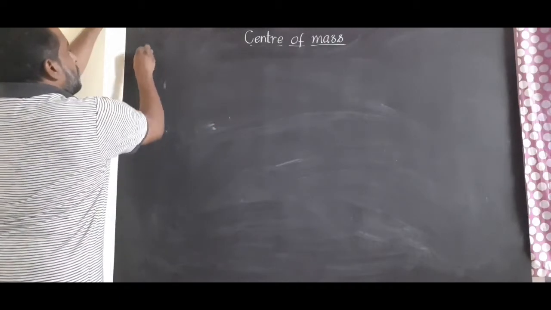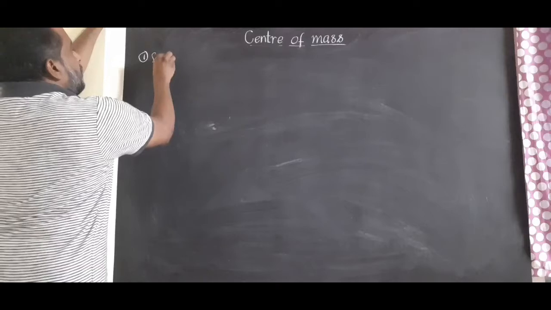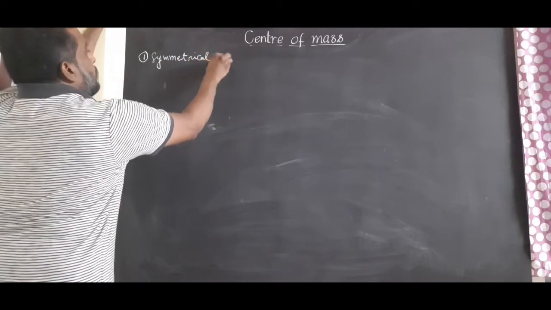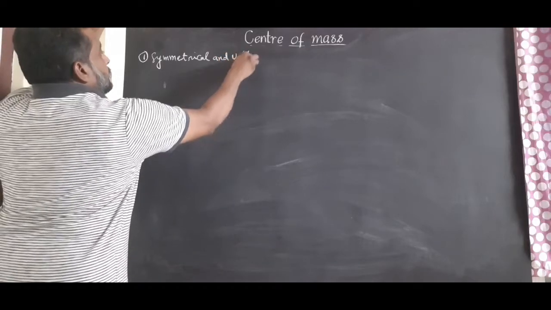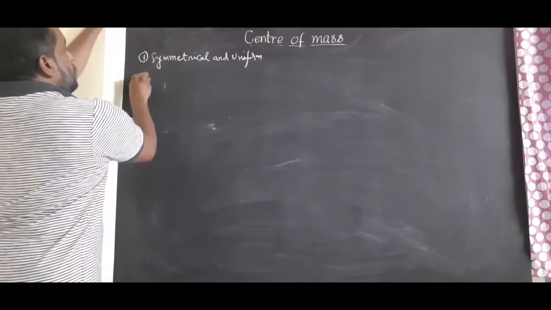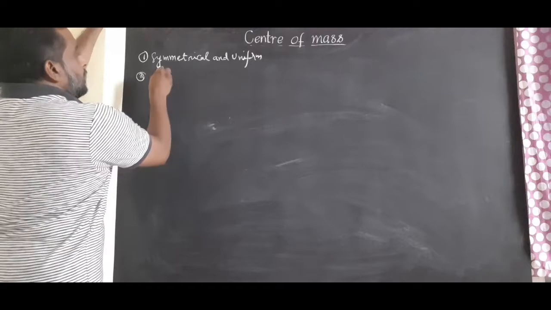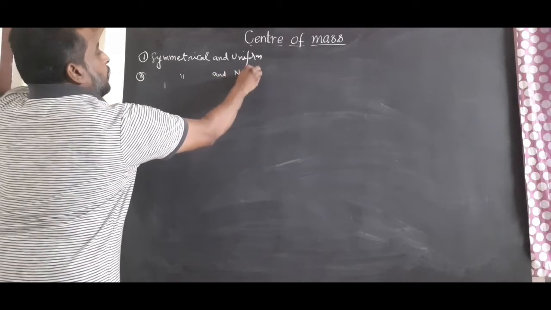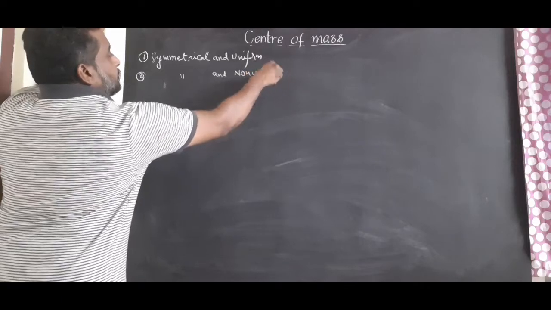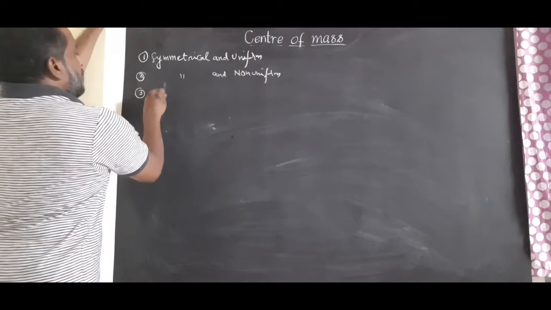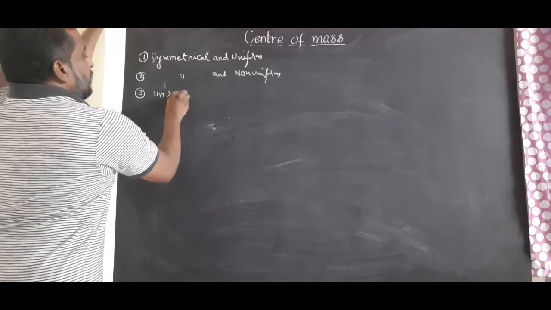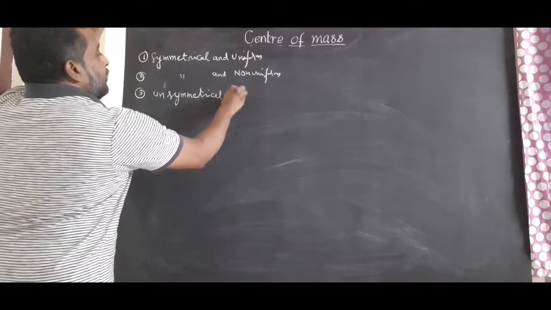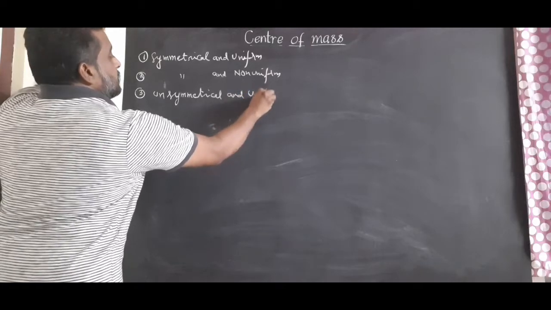First one will be symmetrical and uniform mass distributed bodies. Second one will be symmetrical and non-uniform mass distributed bodies. Third one will be unsymmetrical and uniform mass distributed bodies.